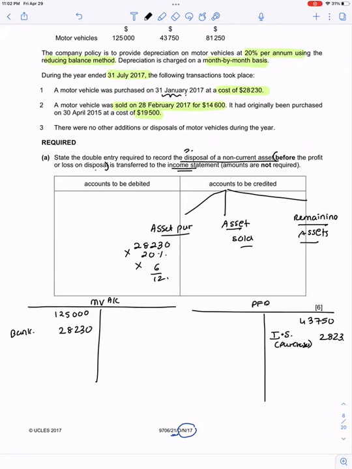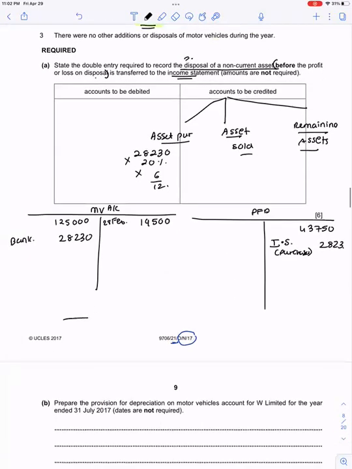Yep. Now I have sold an asset in February for 14,600. Its original cost is 19,500. So I am selling it in February. Original cost is how much? 19,500.